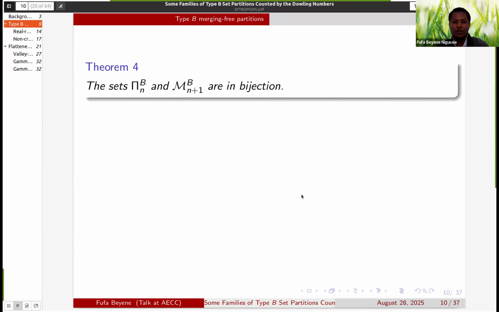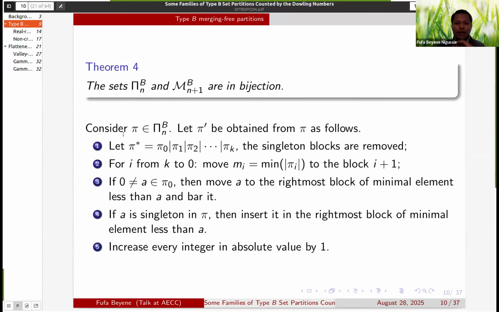And I am going to give you the forward implication, or the construction of a merging free partition from a type B set partition. Let's consider pi to be a type B set partition, and we construct pi prime using the following procedure.